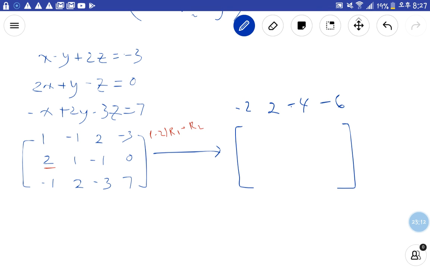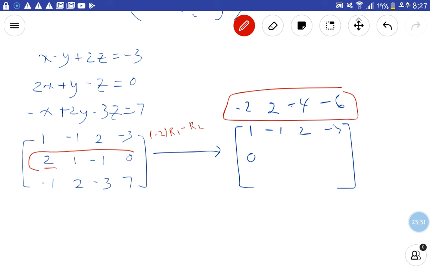Now I'm going to add it to my second row so that I can complete my answer. You can just keep your first row the same. Now 2 and negative 2 become 0. So you are literally working with this row and this row so that I can get my new answer right here. Correct? So 2 plus negative 2 becomes 0.